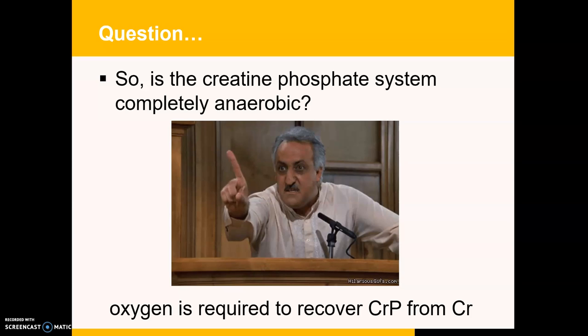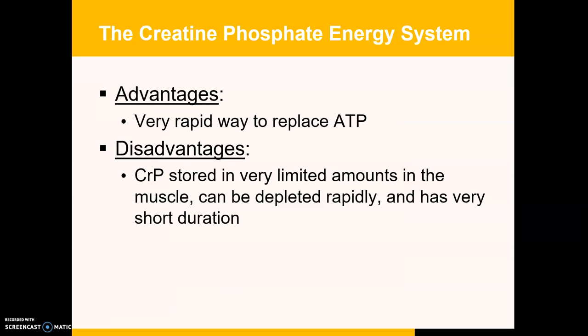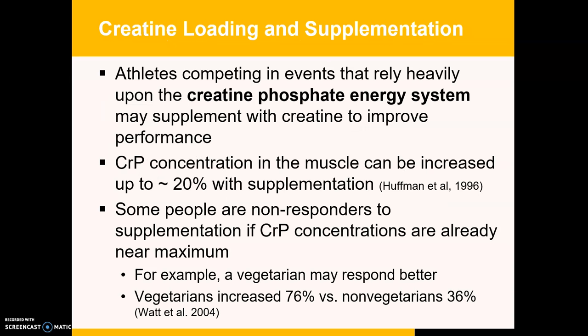Oxygen is required to recover creatine phosphate from creatine. So as I mentioned just now, the advantage of creatine phosphate is that it is a very rapid way to replace ATP. However, it is in a very limited amount in the muscles, can be depleted, and has a very short duration.